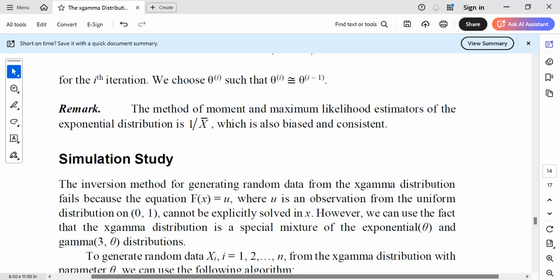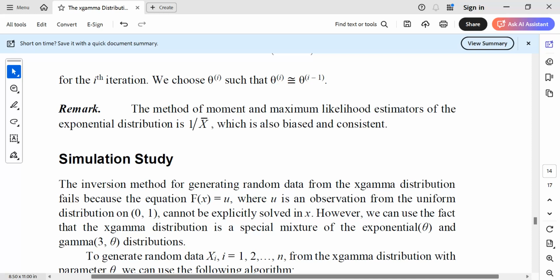I think I mentioned the inverse probability transform, right? You remember that we can generate random samples, or random variates, from the uniform distribution.